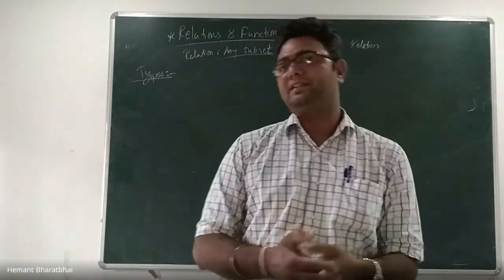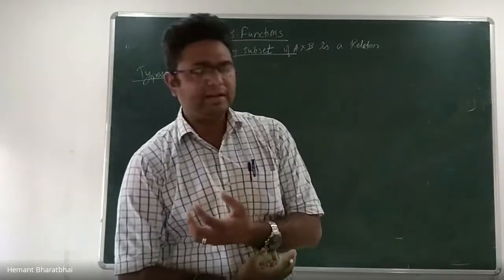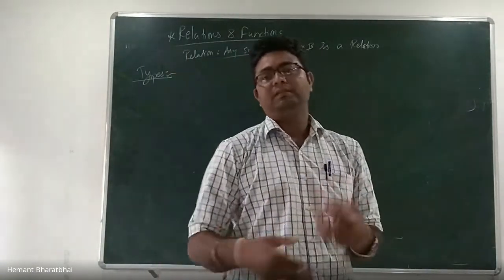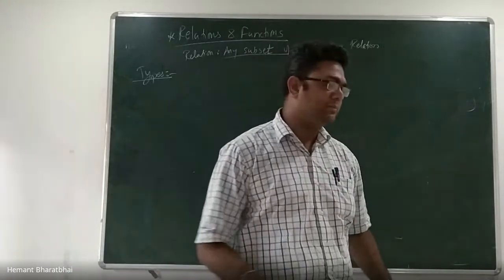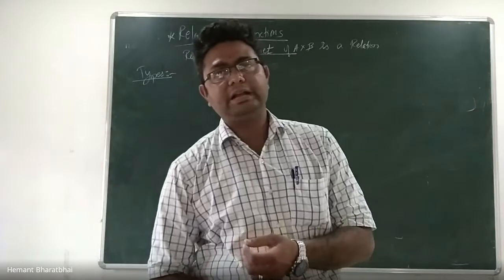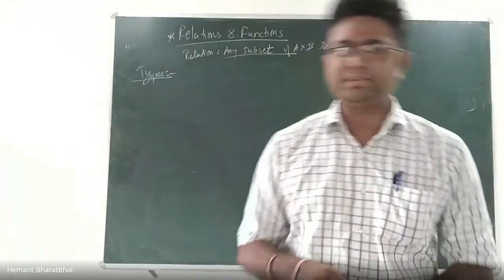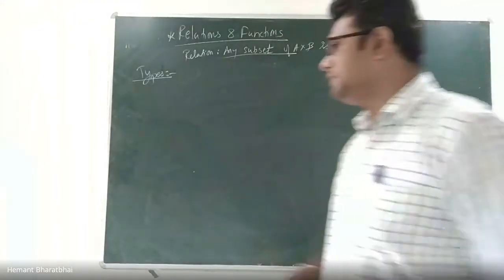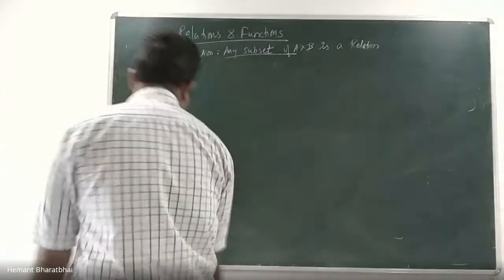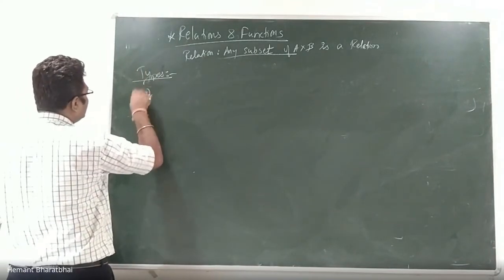So, a finite relation, where the number of elements in the relation is finite; an infinite relation, where the number of elements in the relation is infinite. Then next is a null relation or empty relation. There we had an empty set, so here we can have an empty relation also.